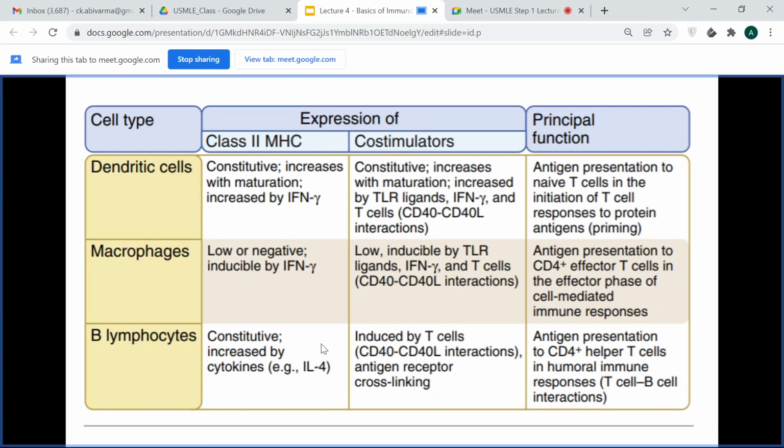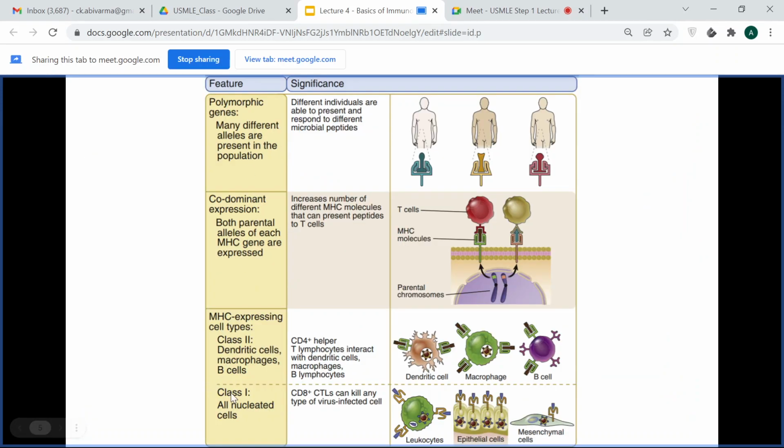So this is just a table that I found. Just for completeness' sake, I included it here, and these are the cells that have class 2 MHC molecule expression. I forgot to mention that class 1 is on all nucleated cells, but class 2 is usually present on some types of antigen presenting cells.